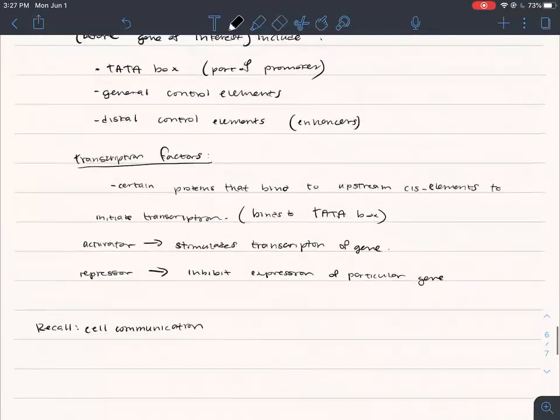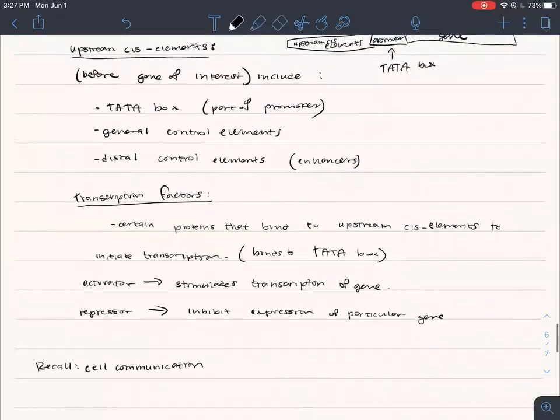And we also have transcription factors, which are certain proteins that bind to upstream cis elements to initiate or suppress transcription. They could bind to the TATA box usually. And so you can either have an activator, which stimulates transcription, or a repressor, which inhibits expression.